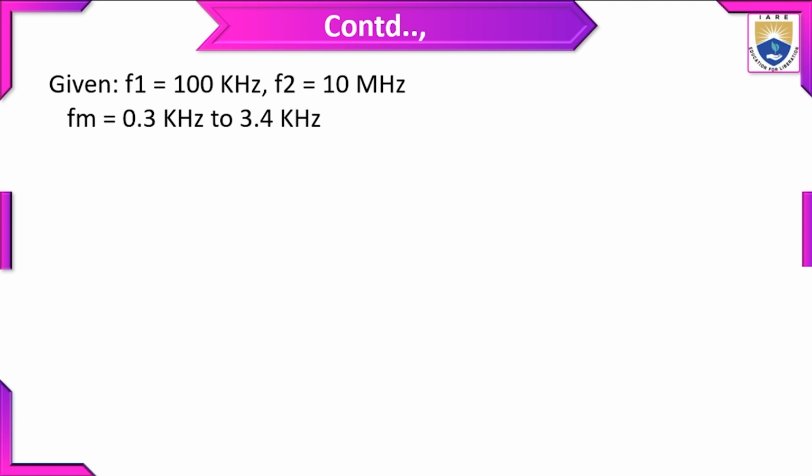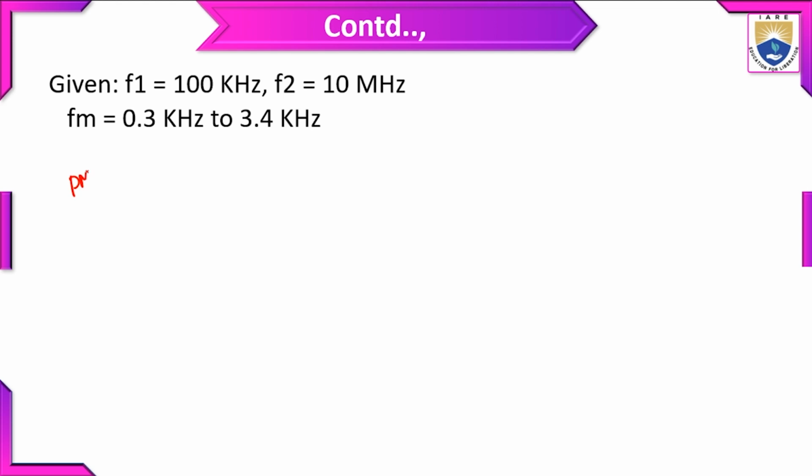Here we are using two stages. The first stage is a product modulator with a carrier, followed by a bandpass filter. Here we are going to find the LSB of the first product modulator.